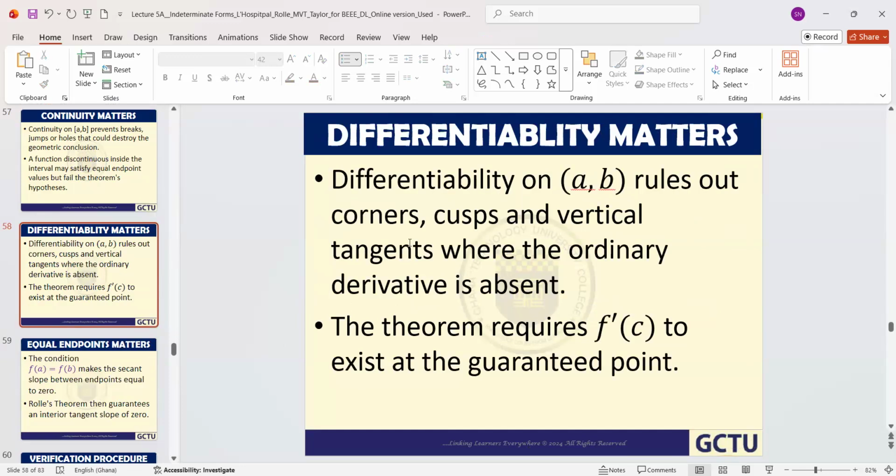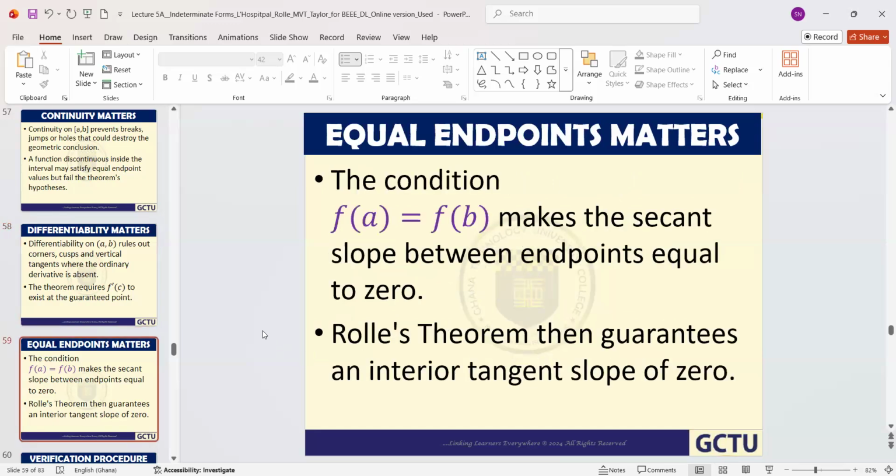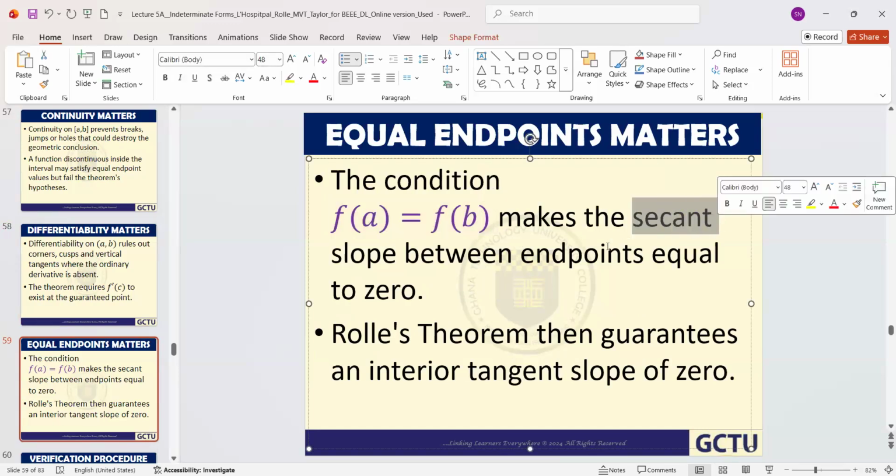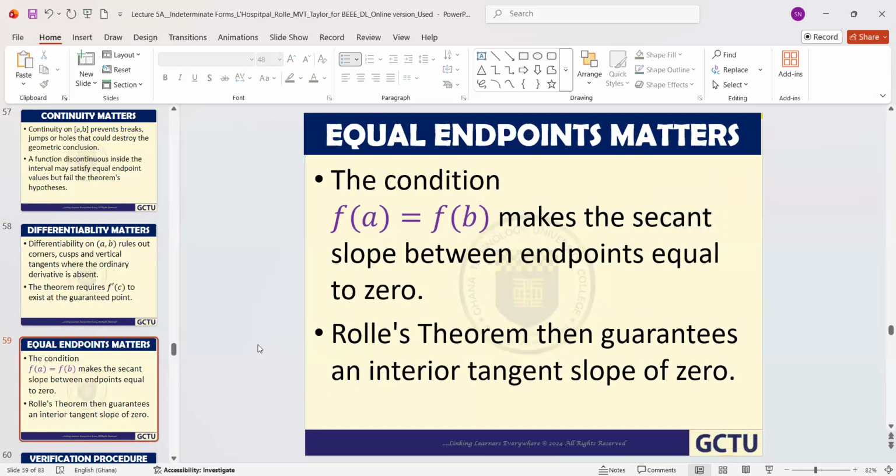And then you must check for vertical tangents, as well as the points at which those tangents occur. The condition is that the endpoint f of a must be equal to f of b. And that is the secant. I hope you know secant, the slope between the endpoints. And Rolle's theorem guarantees an interior tangent. There is too much literature here.